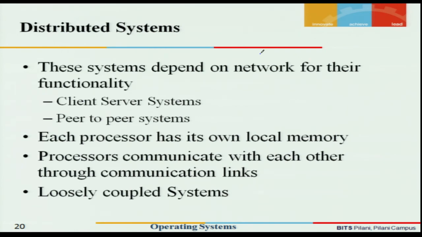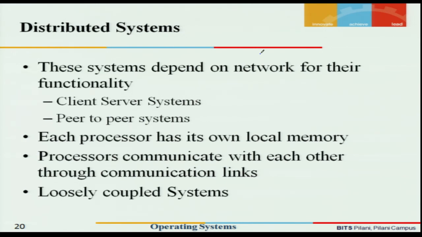Then we have another kind of distributed system which we call a peer-to-peer system. In a peer-to-peer system, there are no fixed clients and servers. Every single machine can act as a client, or every single machine can act as a server. So for some functionality one machine can act as a client, and for another functionality the same machine can act as a server. Such systems are termed peer-to-peer.